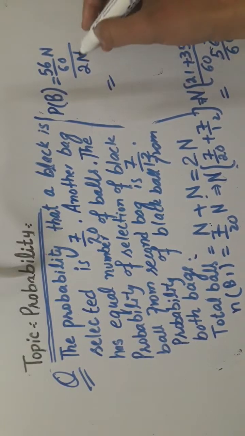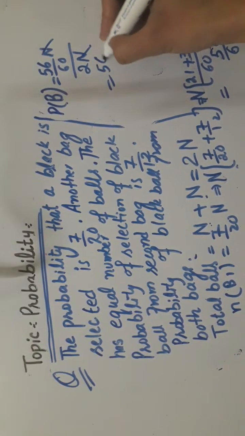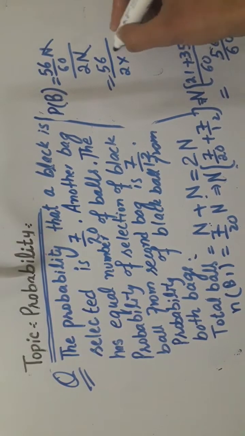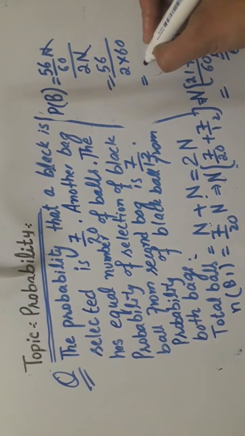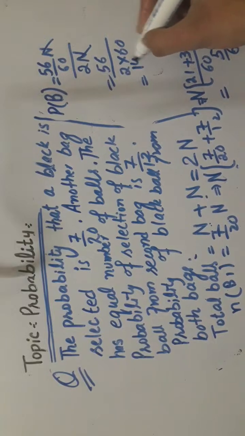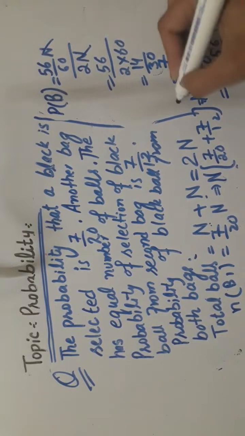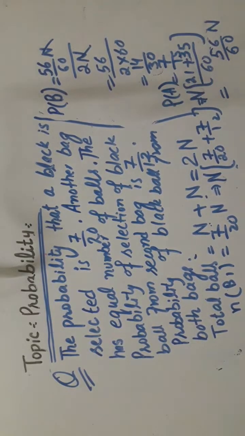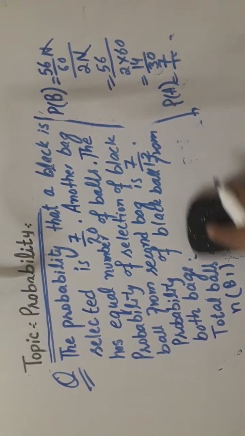By solving, n is cancelled by n. 56 divided by 2 multiplied by 60. After solving this, we get 14 by 30, and this is equal to 7 by 15. This is the probability the question asked us to find.